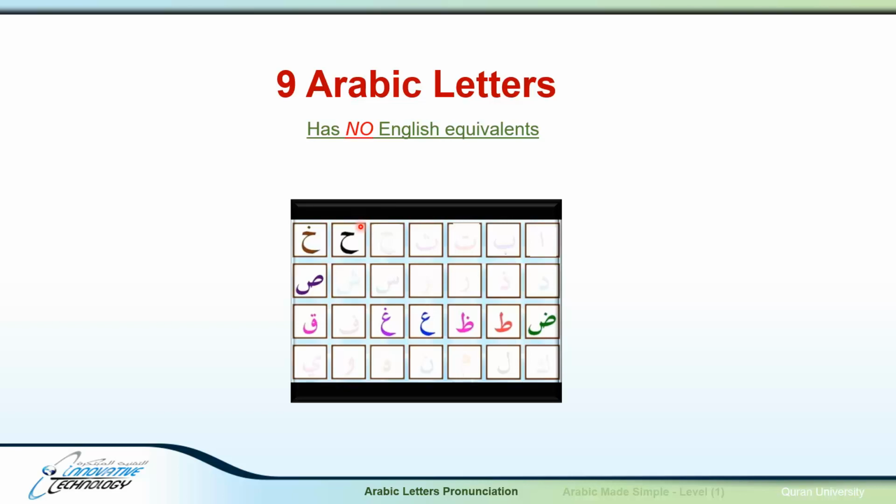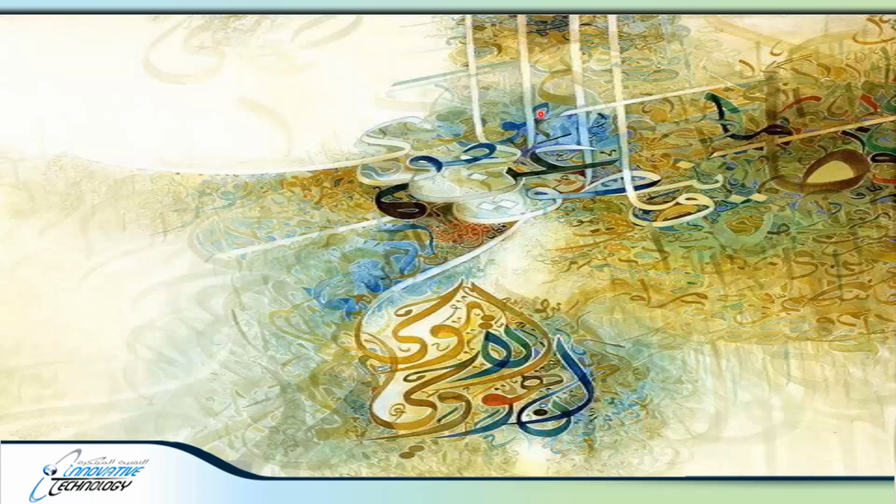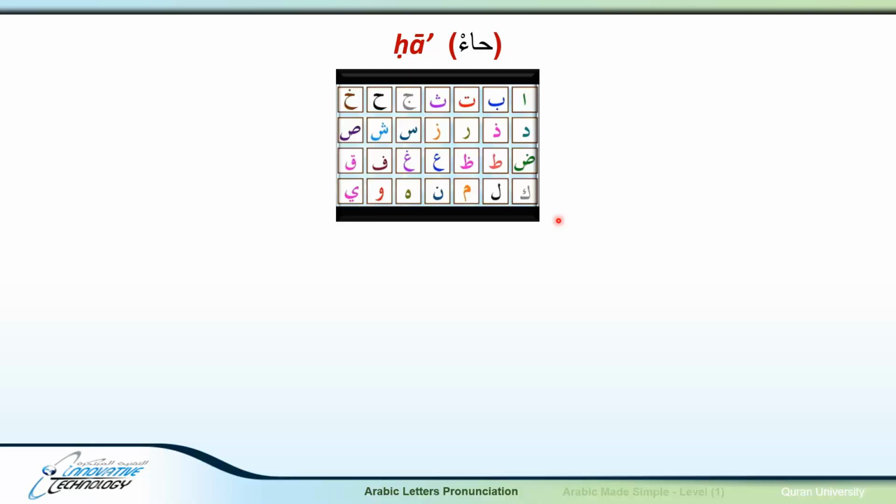They will replace the letter with the closest similar English letter to its articulation point. That's why we need to pay more attention in the next few minutes to learn how to pronounce these letters properly. We'll start those Arabic letters with no English equivalents with the Ha.